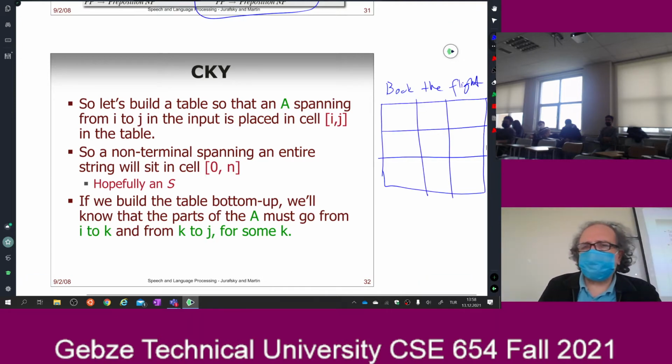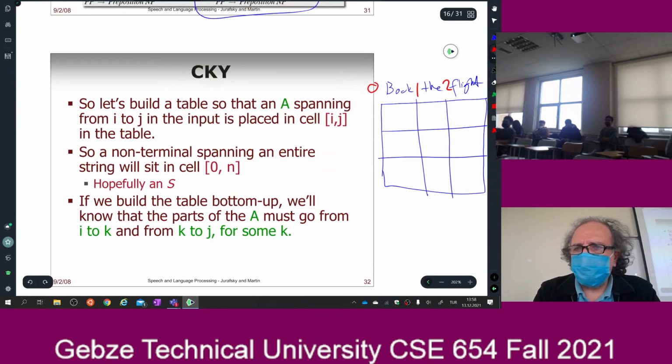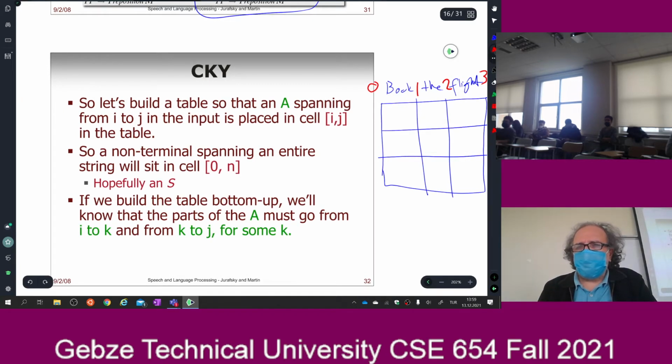I can do it this way: 0, 1, 2, 3. This is 0 to 1. This is 1 to 2 and 2 to 3. You can go that way, okay? So 0 to 1 is here.